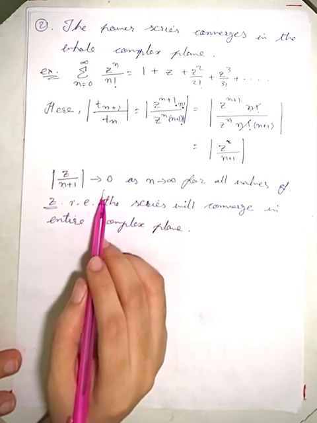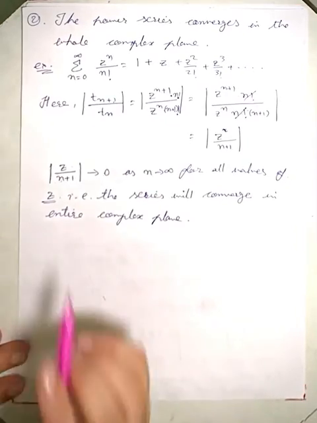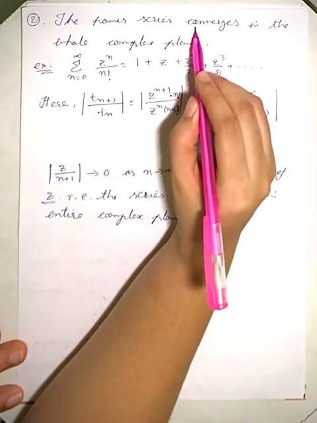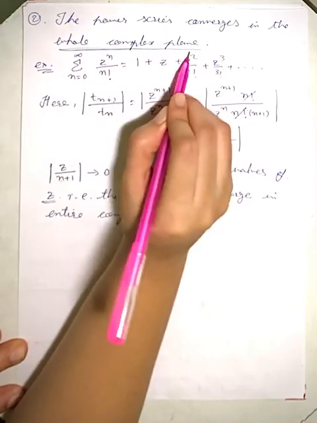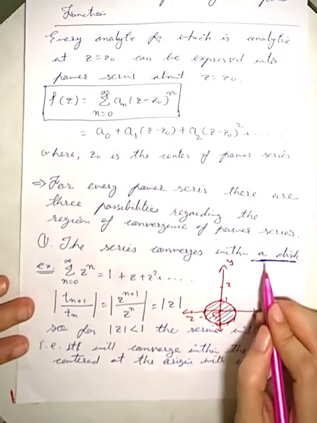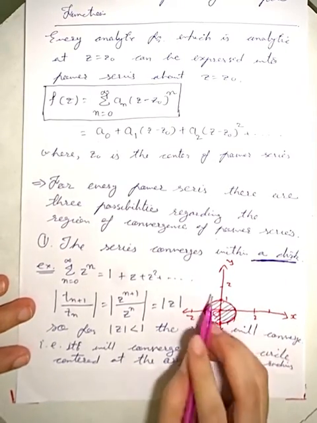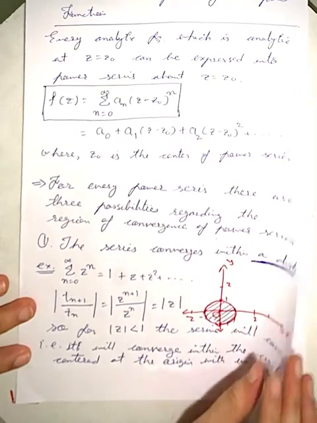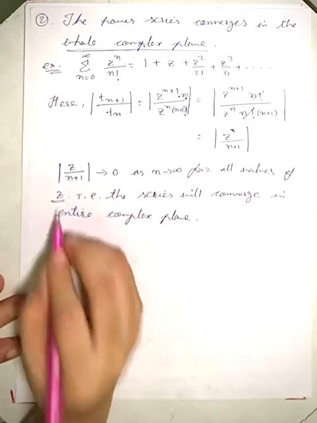So we say that another type of power series are such which converge in the whole complex plane. Earlier we saw the case in which the series was converging within just one disk, and here the series converges in the whole complex plane because it is valid for all values of z.